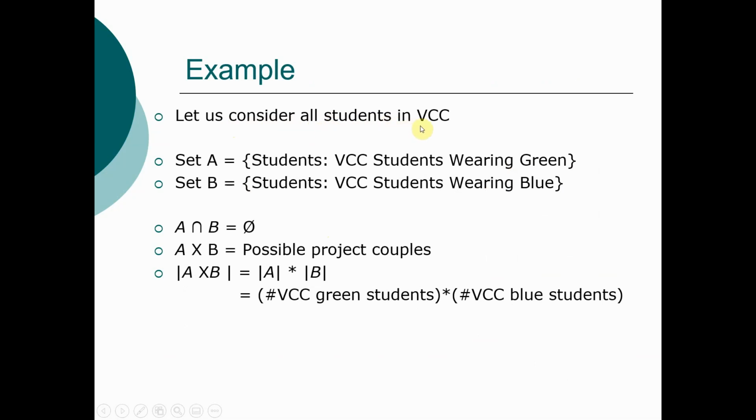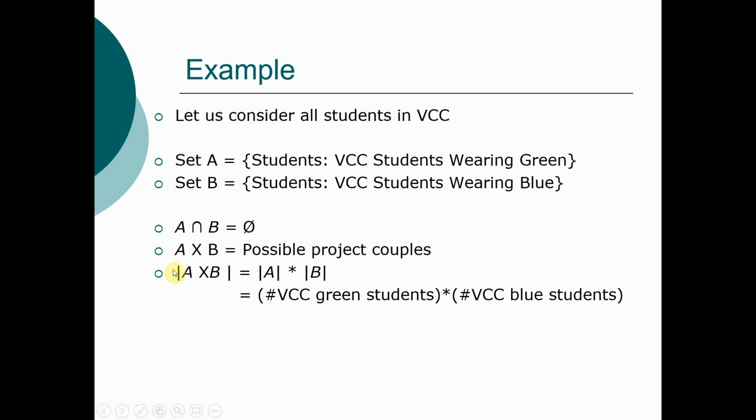Let us consider all students in VCC again. So students wearing green would be set A, students wearing blue is set B. There's no common element in these two sets, and A cross B, or the A Cartesian product B, is going to be all the possible couples that we're going to make out of these two sets.